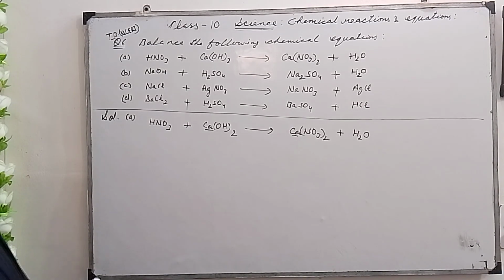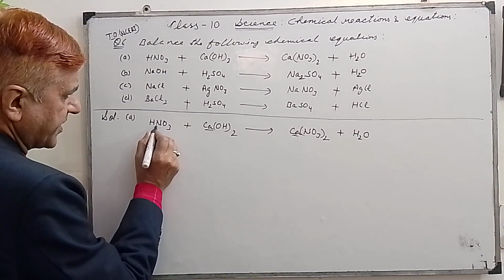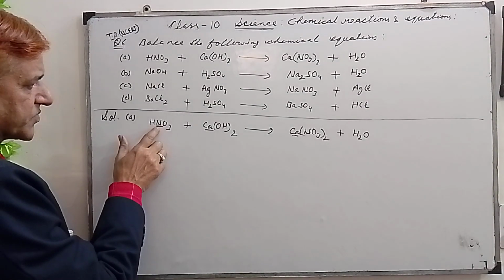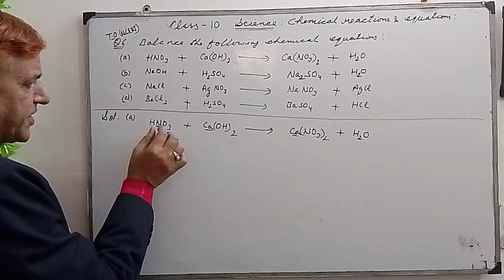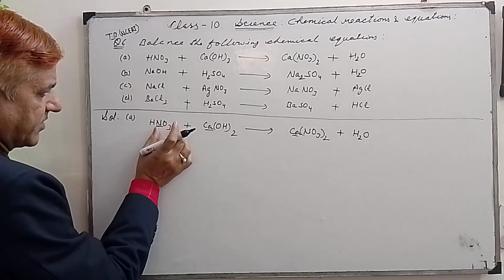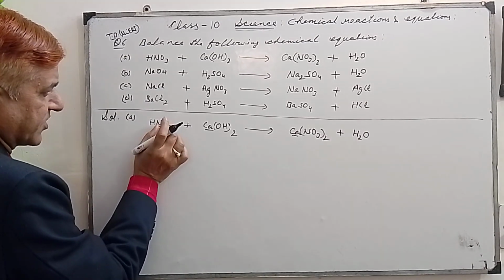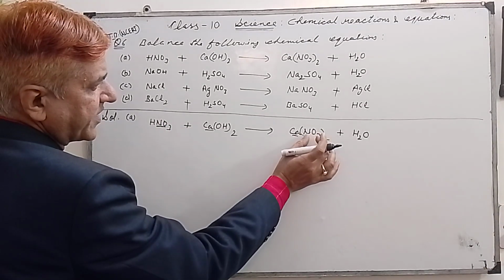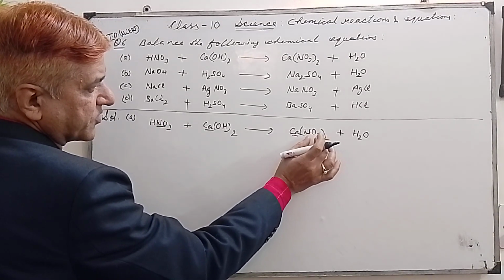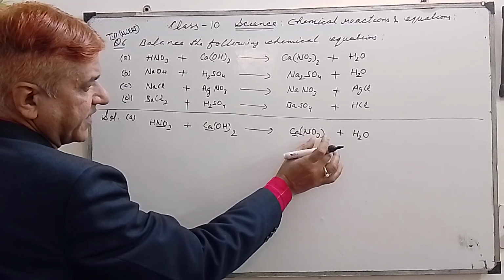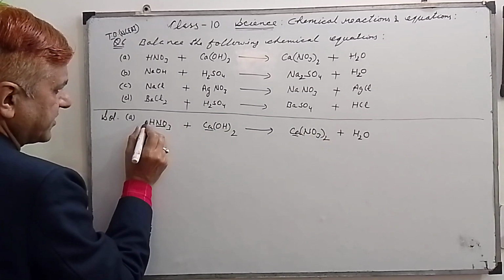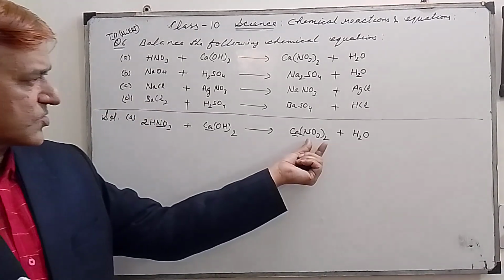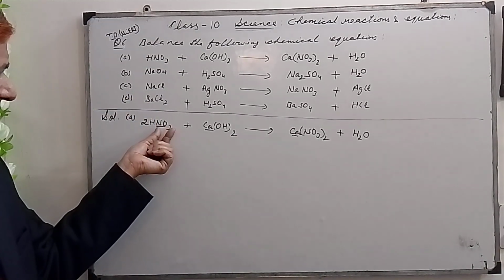Now come to nitrogen. We have one nitrogen atom in nitrate. Let's identify this group, nitrate, NO3. Here in the products we have two nitrate groups, and here in the reactants we have 1 nitrate.